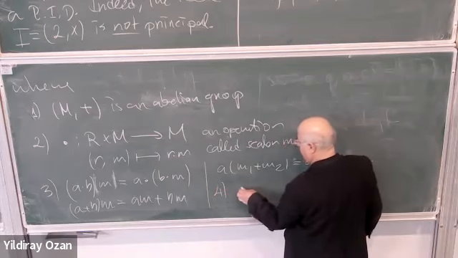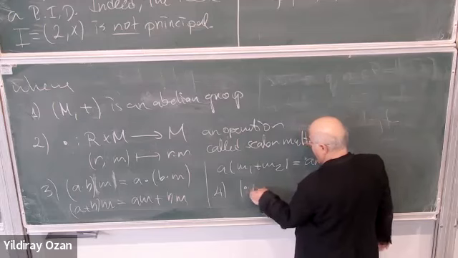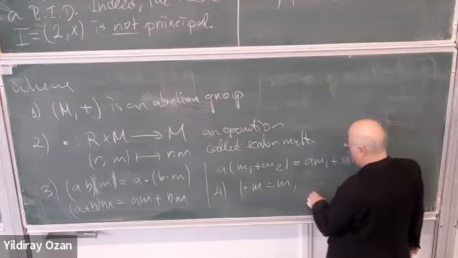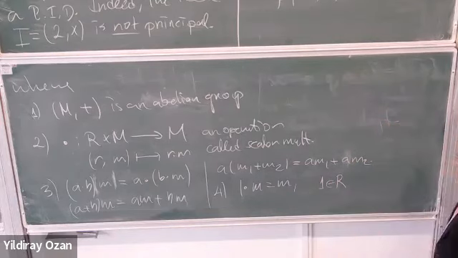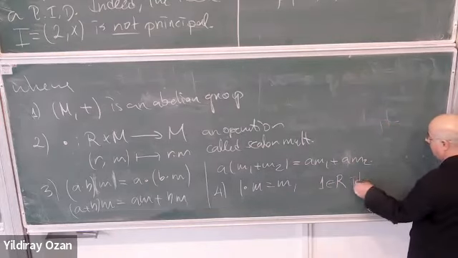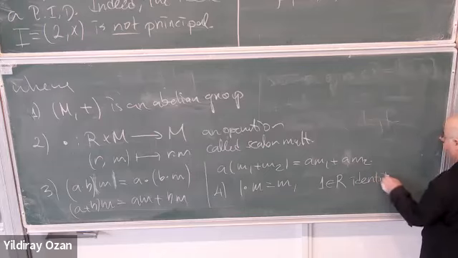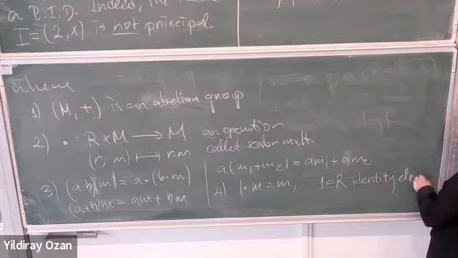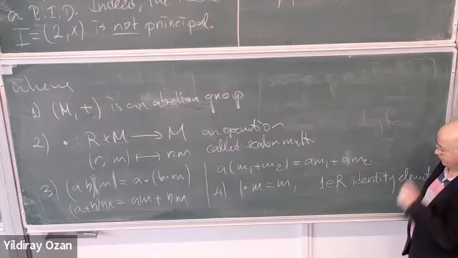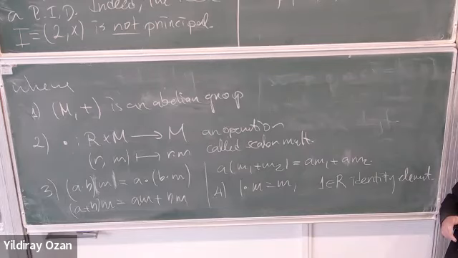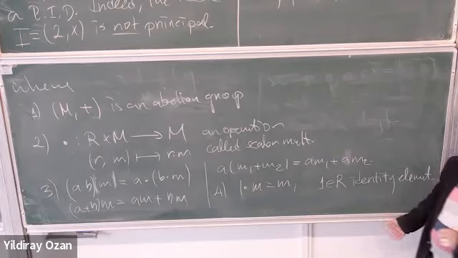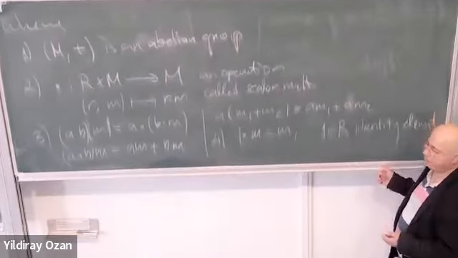Yani 1·m = m olsun, 1 identity elemanı olmak üzere. Yani 1 ile çarpmak hiçbir şey yapmıyor.